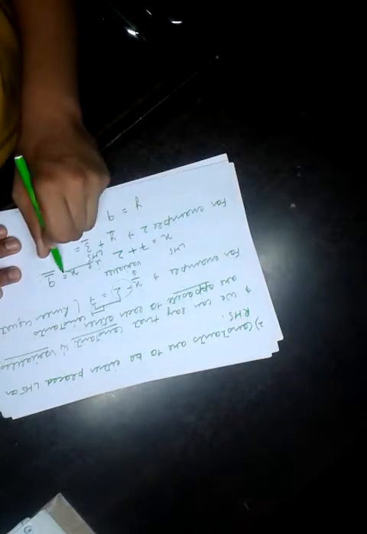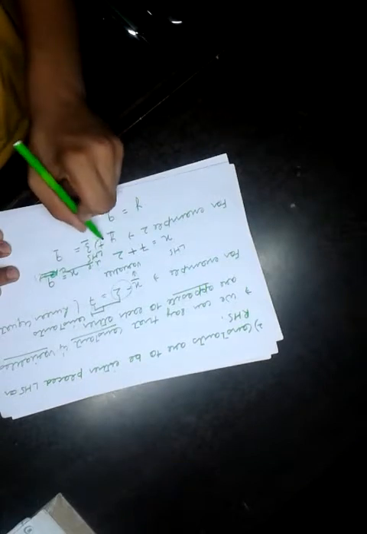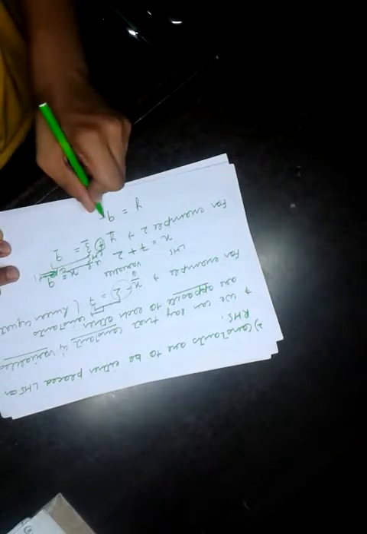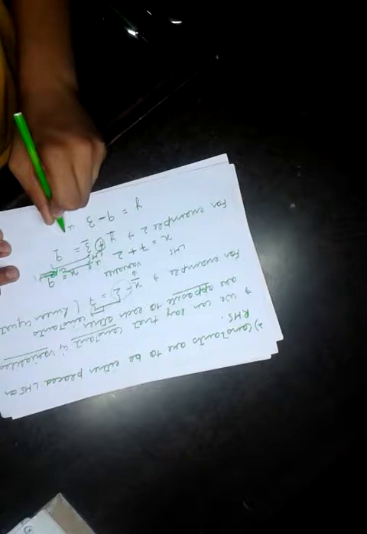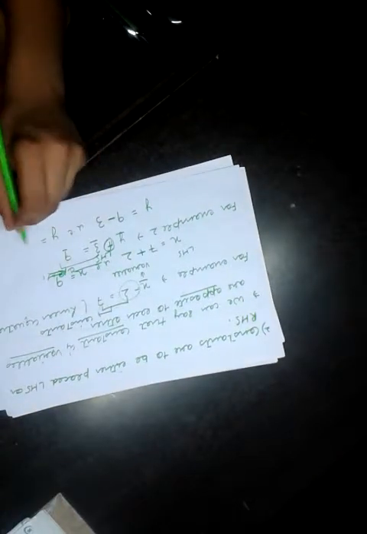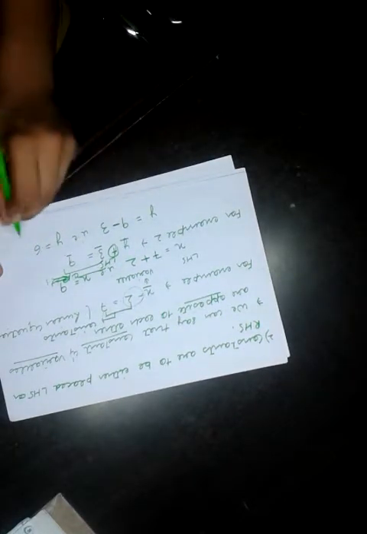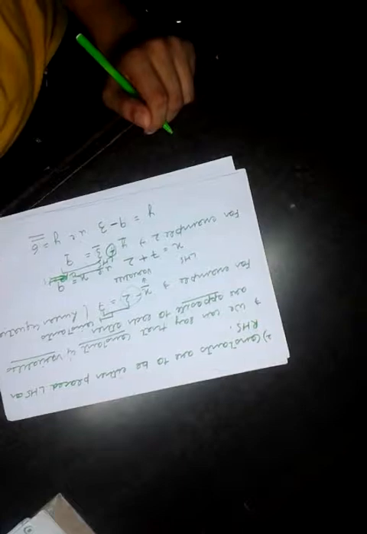So when it is transferred to the RHS, it will become minus. So y is 9 minus 3, which is equal to 6. The answer is 6. These were the basics.